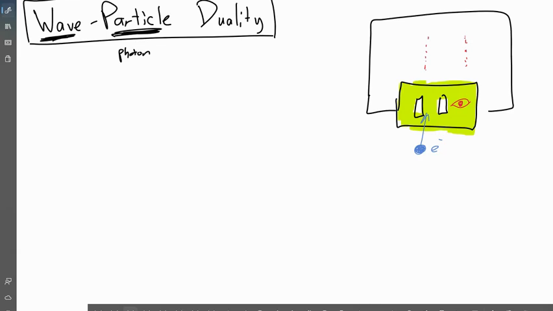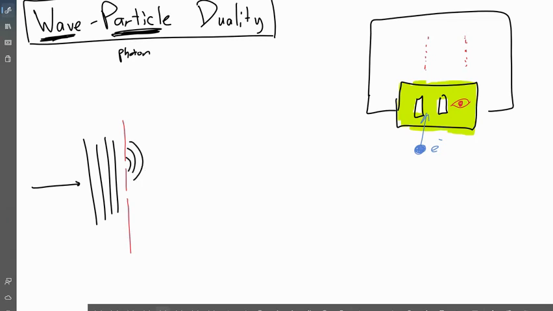Okay, so this is just like this. We can observe light as a wave when we have light incident as a bunch of wave fronts on a double slit, and we get these wave fronts on both sides. We get all these interference patterns where we get maxima and minima on our screen.